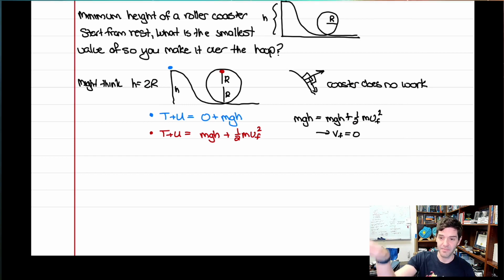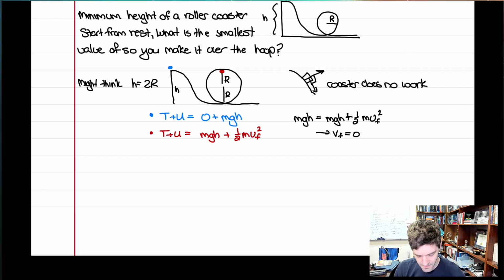It still might make it to the top, but then it might immediately or shortly thereafter fall off and not follow the circular track, unless you had some other force on the cart, like some sort of brake or hook holding it on. But if we take the hypothetical roller coaster where there's nothing holding the cart onto the track, what height do you need so that you can complete the circle and still go on?